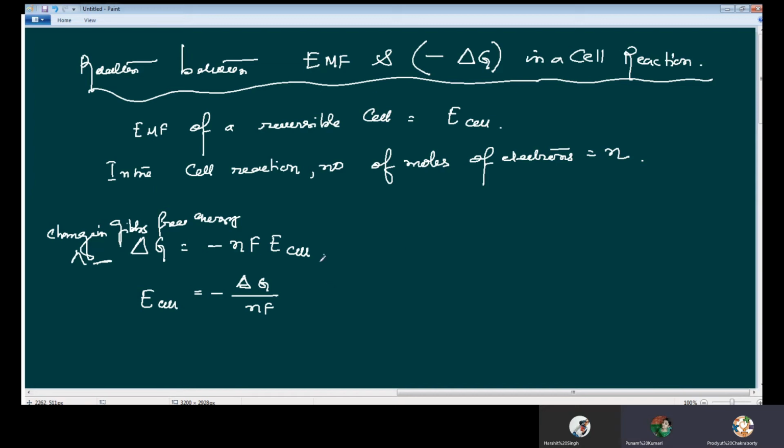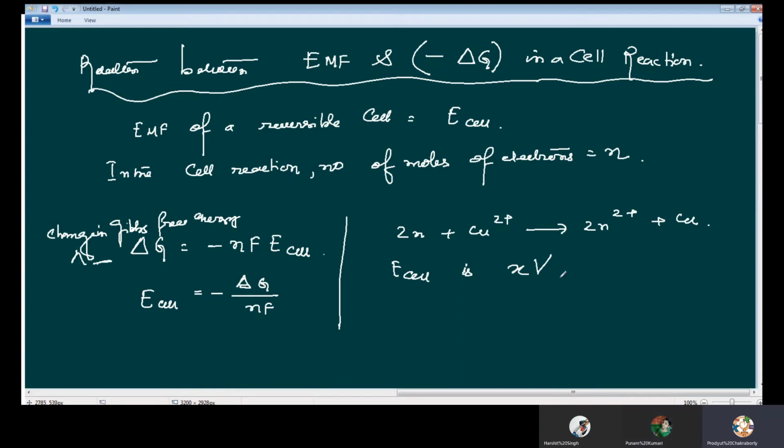Say, for example, in the cell reaction between zinc and copper, forming the zinc ion and copper atom, the EMF of the cell is x volts.